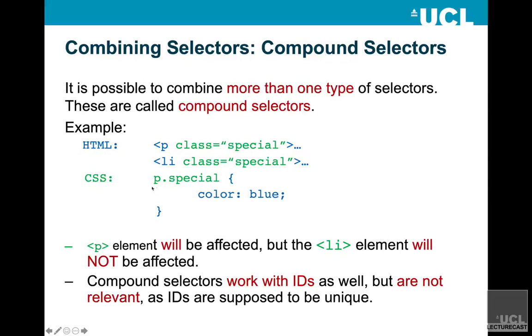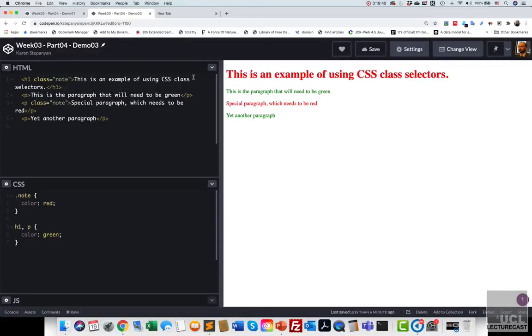So in this case, you can simply put the name of the element P, so you're using the HTML element selector along with the class selector dot special, and then applying the style color blue. What this does is it selects only the paragraph from the group of the elements which are combined under the class special. So let's have a look at another example.